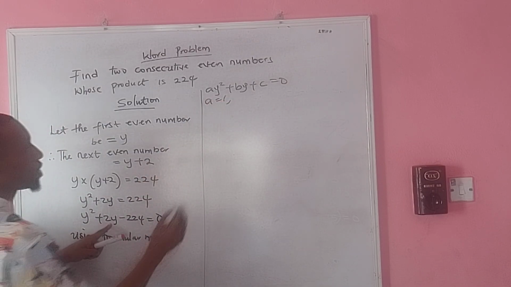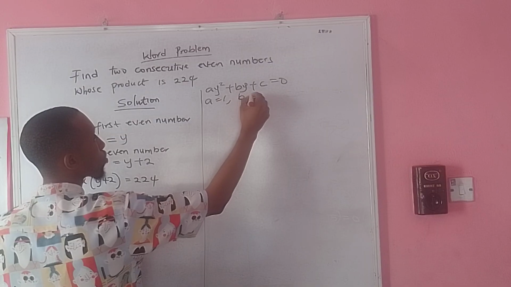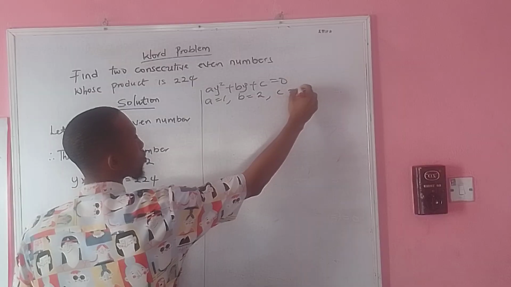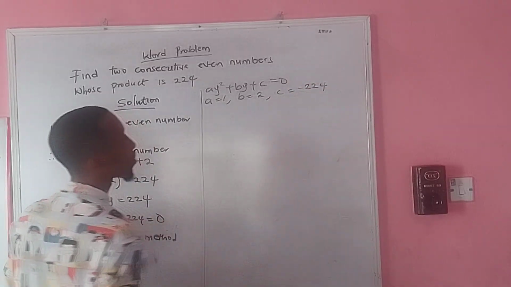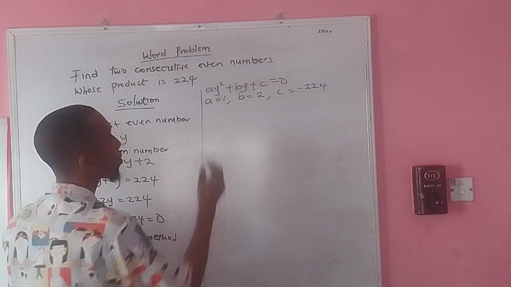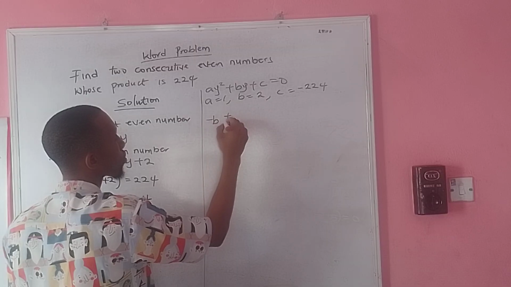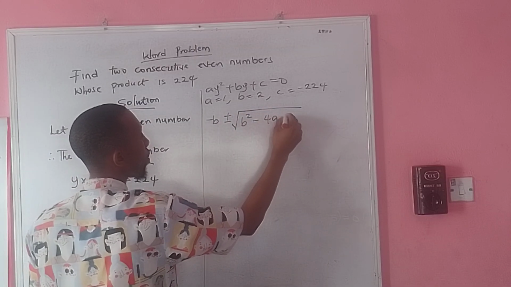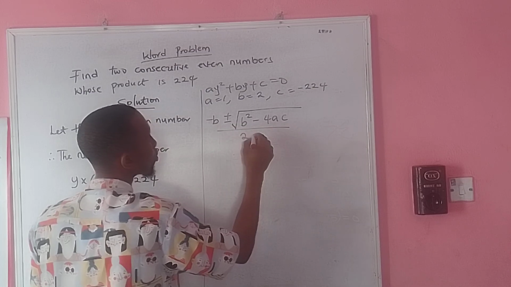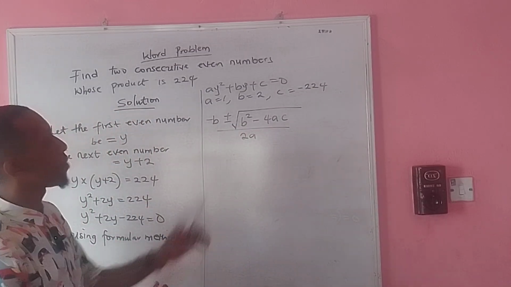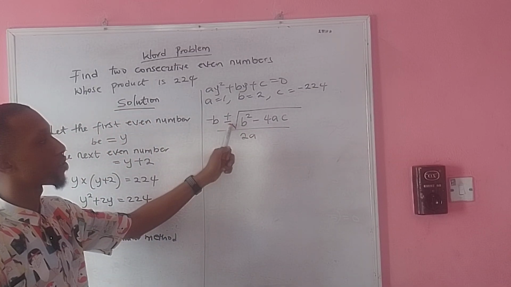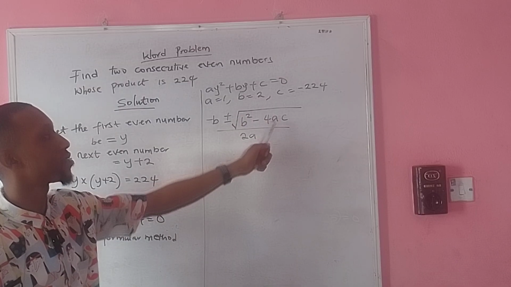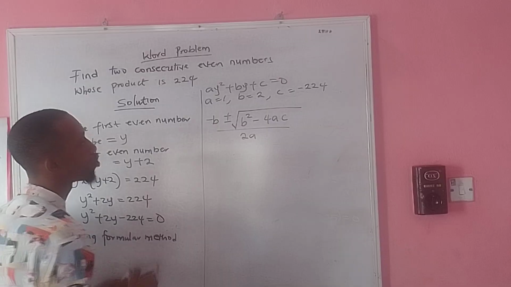The coefficient of y is 2, so I can say b is equal to 2. And my c, which is a constant, I can say c is equal to minus 224. In the formula method, I have minus b plus or minus the square root of b squared minus 4ac all over 2a. Minus b plus or minus the square root of b squared minus 4ac all over 2a.